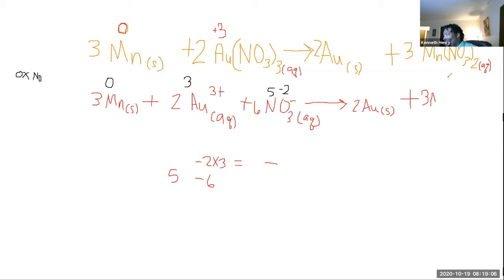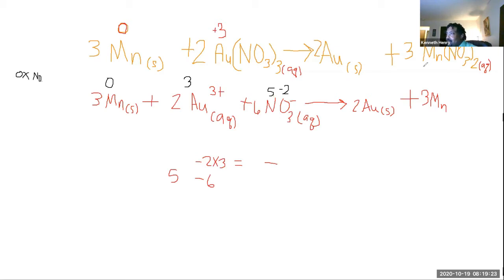What would this break up into? Come on, Abby. Wouldn't the Mn be 0? The oxidation number would be 0 on it. Wait, no. It's in this complex now.